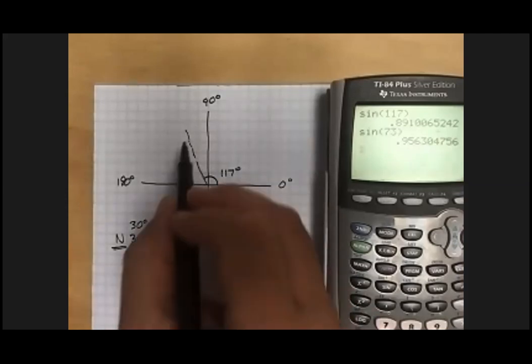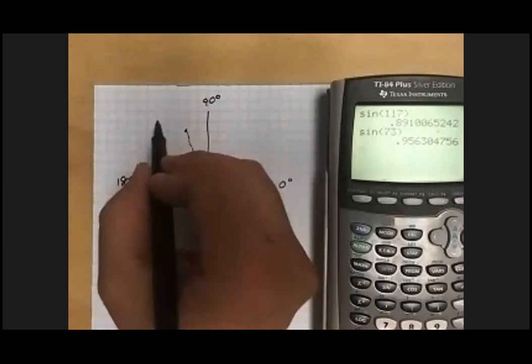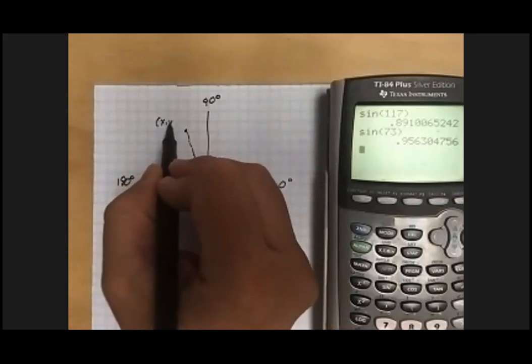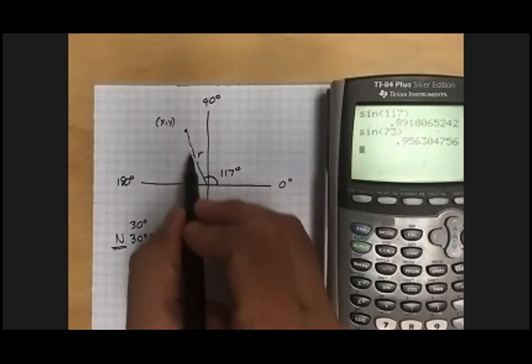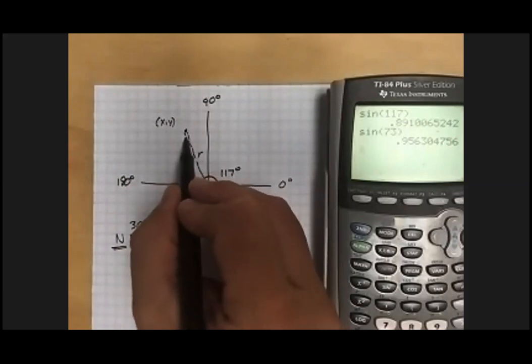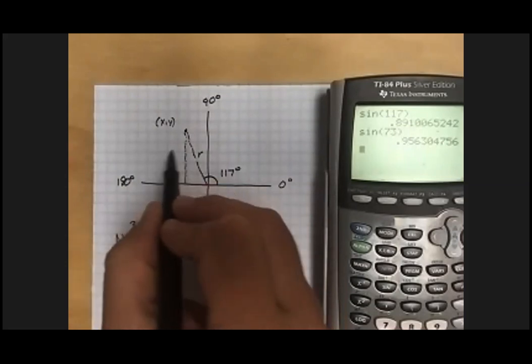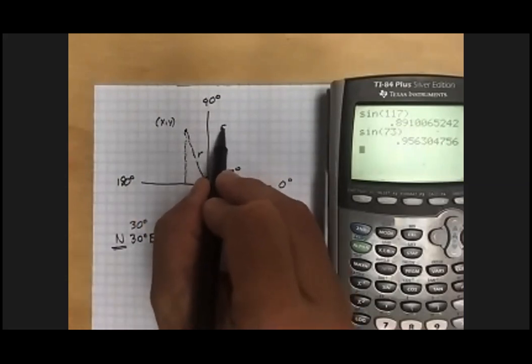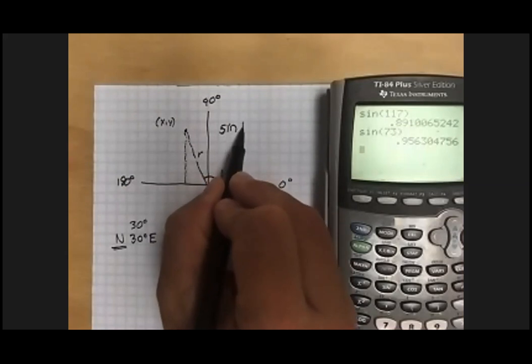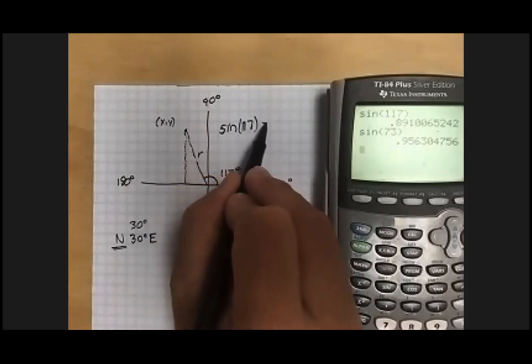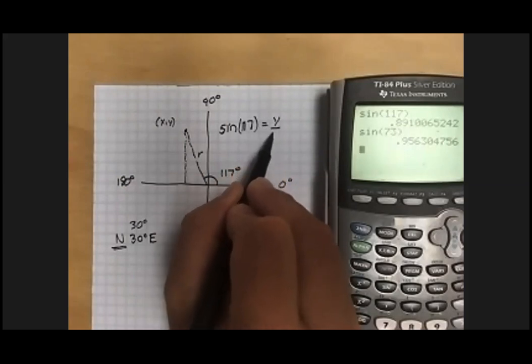And the sine is going to be the ratio. If that point is called x and y, and this distance is called r, we've learned to call the sine of 117 degrees the ratio of y to r.